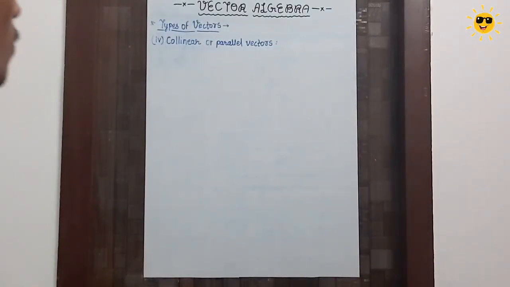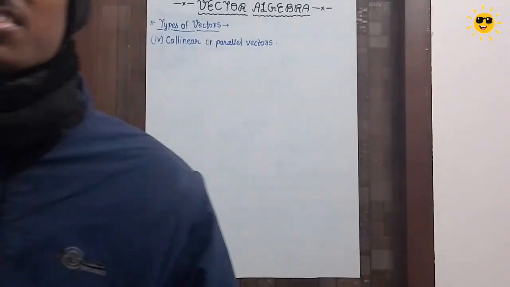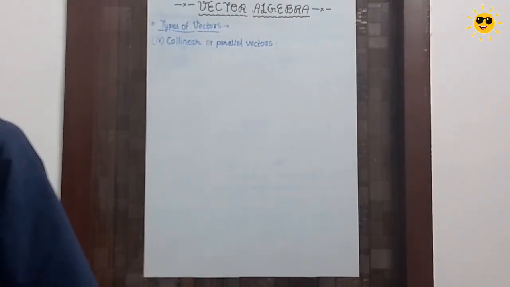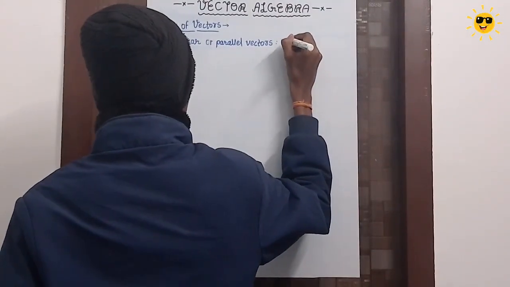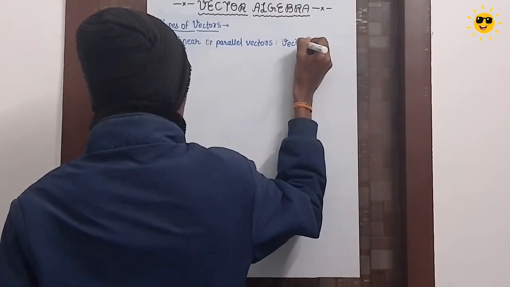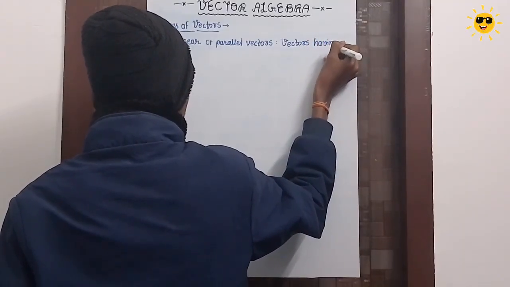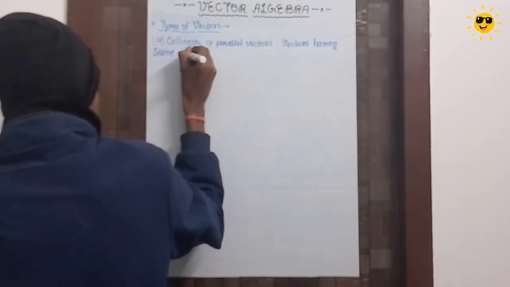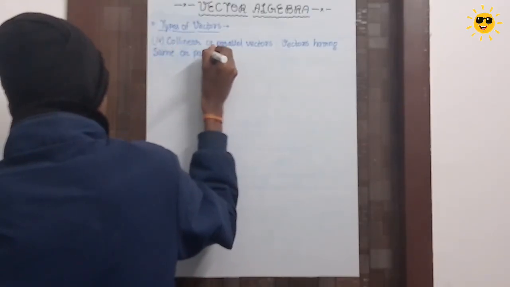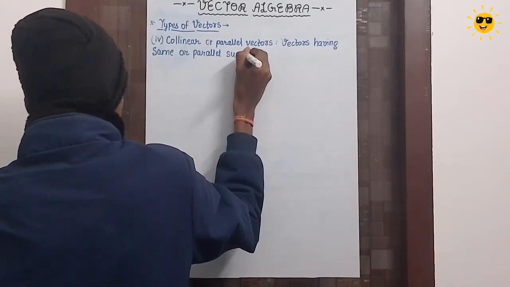So two vectors are said to be collinear when they have the same or parallel supports.